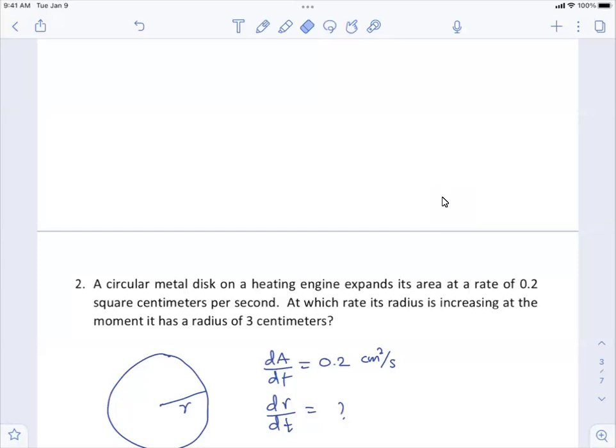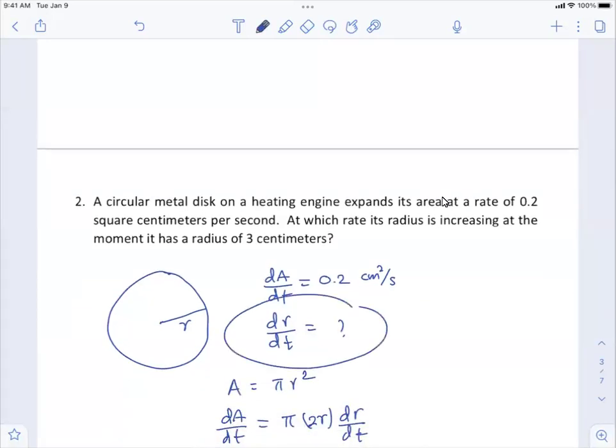Now, if you look at this very carefully, this is exactly the same problem flipped the other way around. You are given the rate of change of the area, and what we need to figure out is the rate of change of the radius.